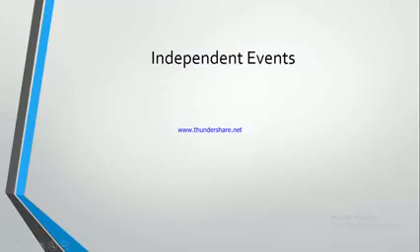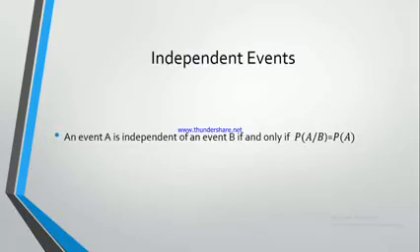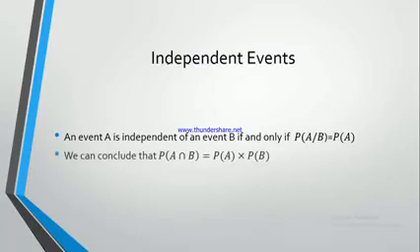For the independent events: an event A is independent from an event B if and only if P of A given B is equal to P of A. So to realize an event A, it may be independent from an event B, and if the conditional probability is the same as the probability of A, then these two events are said to be independent.